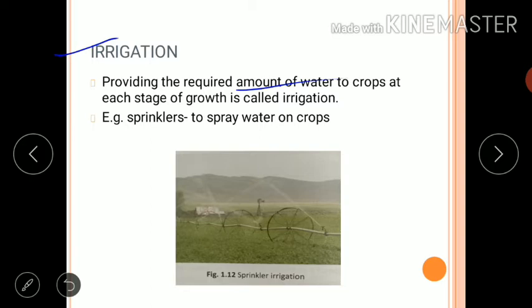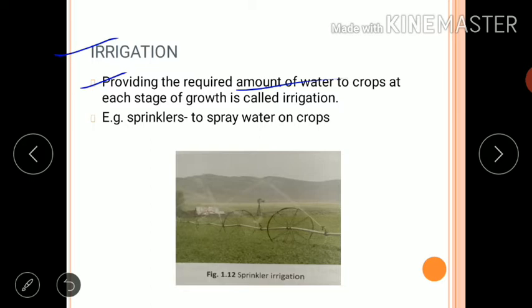So providing the required amount of water to the crops at each stage of growth is called irrigation. As you know, rain is the natural source of water, but its timing and amount cannot be predicted.